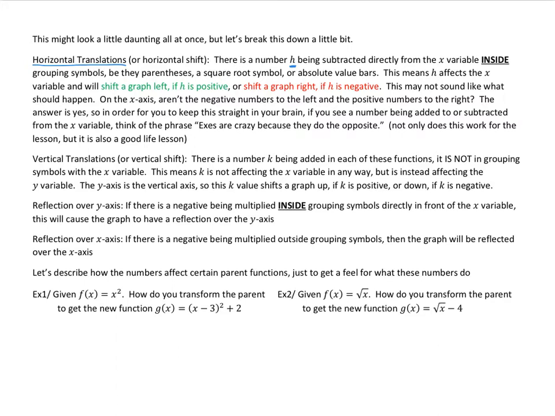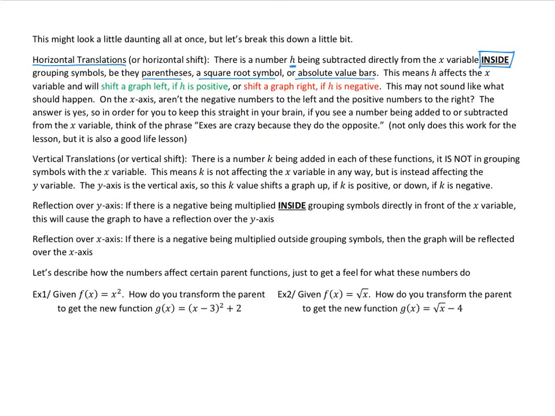But you'll notice that h is being subtracted directly from the x variable inside grouping symbols. So that h is paired up with x, either by parentheses, a square root symbol, or absolute value bars.